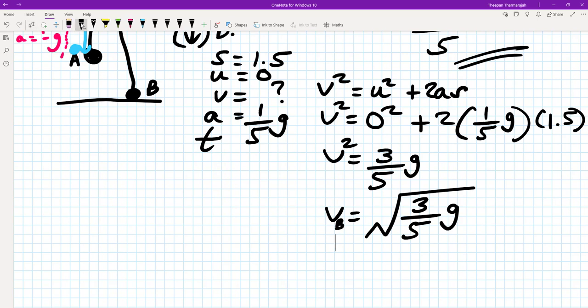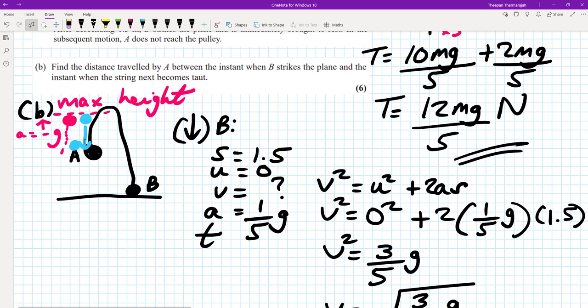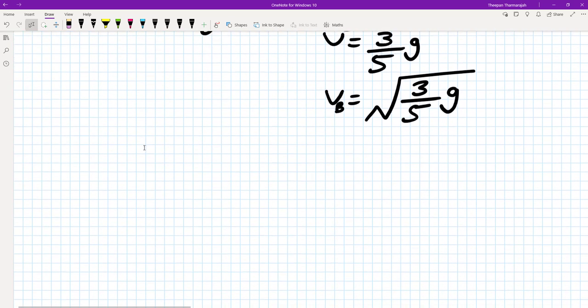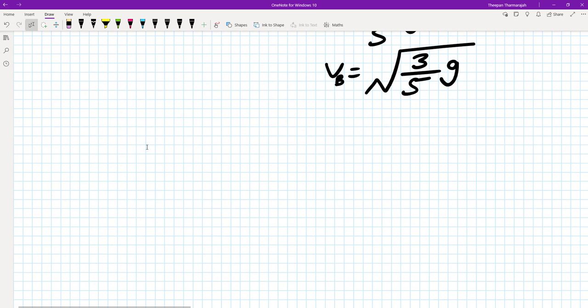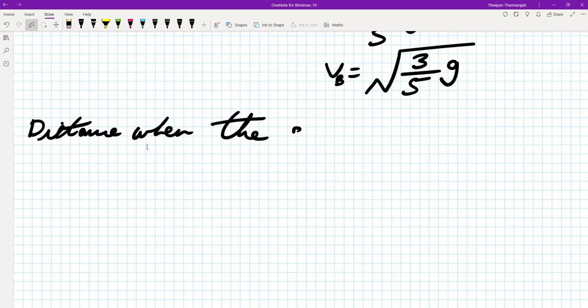So now what we're going to do is find the distance from when the string breaks to maximum height that A travels, this pink part here. Okay, so that's going to be the distance when the string breaks to maximum height.